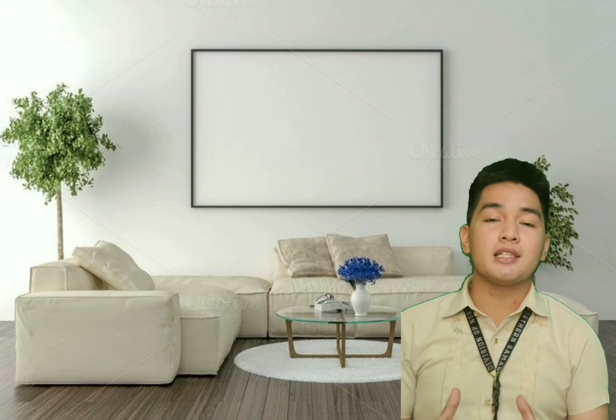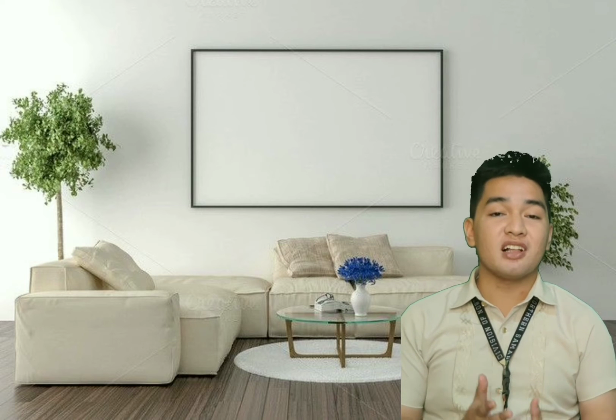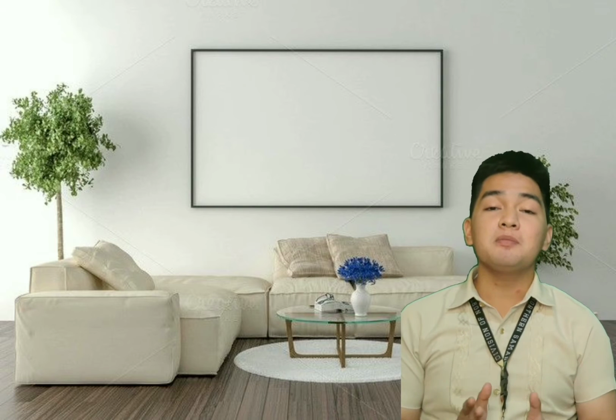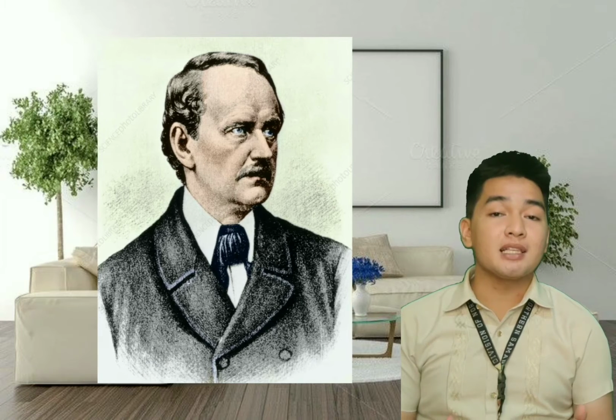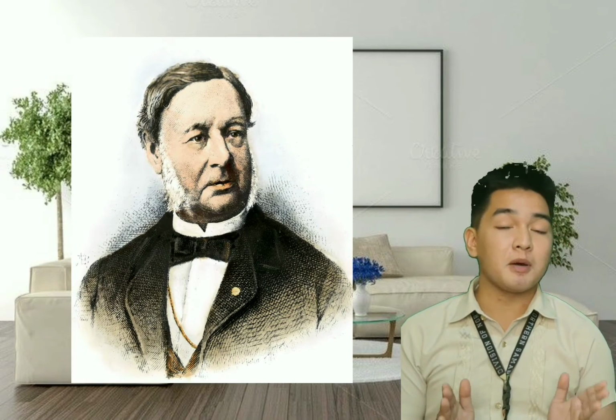The 3 proponents of cell theory conducted their own experiments that evidently contributed to the development of cell theory. In 1838, a German botanist named Matthias Leden concluded that plants are made up of cells. In the year after, in 1839, a German zoologist named Theodor Schwann concluded that animals are made up of cells.